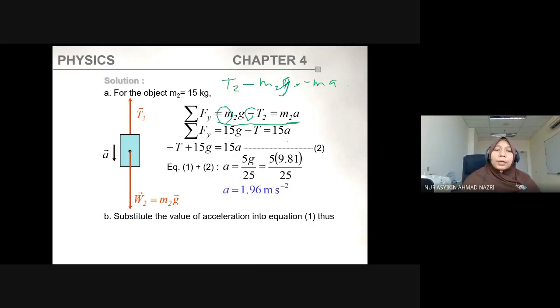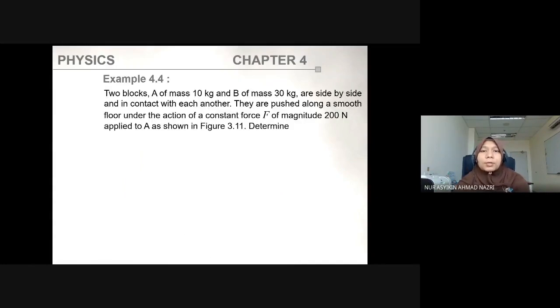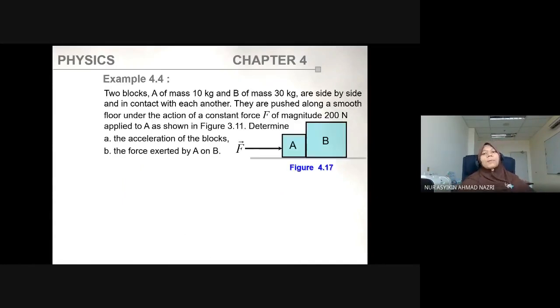To find the tension, we substitute and solve for the other unknown, which is the tension. Again, because it asked for tension in each string, please answer the question. Don't leave it as T, you must mention T1 equals T2 equals the T that we found. Understand? So make sure you answer the question clearly. If you do it clearly, the examiner will be happy and you get maximum marks possible, not extra marks.